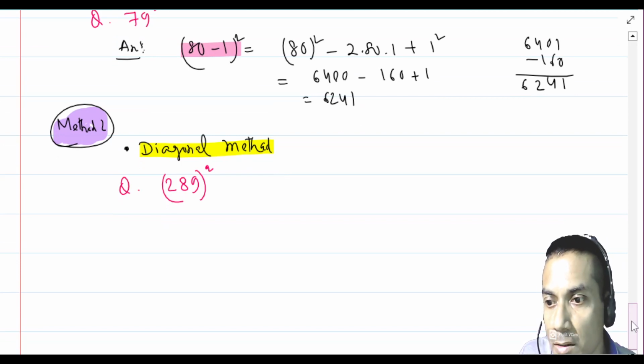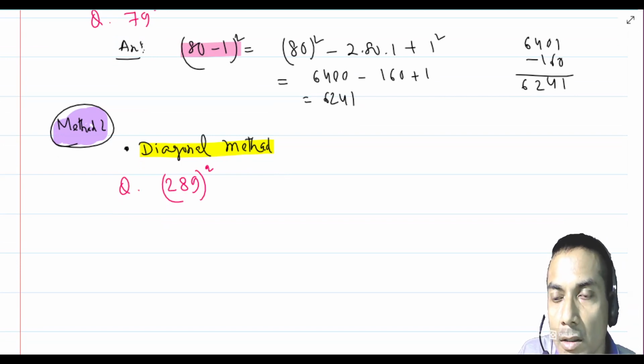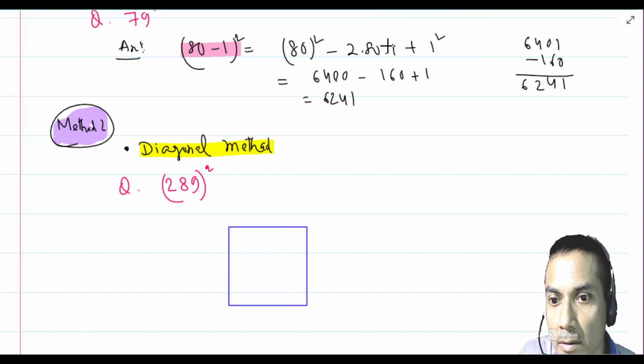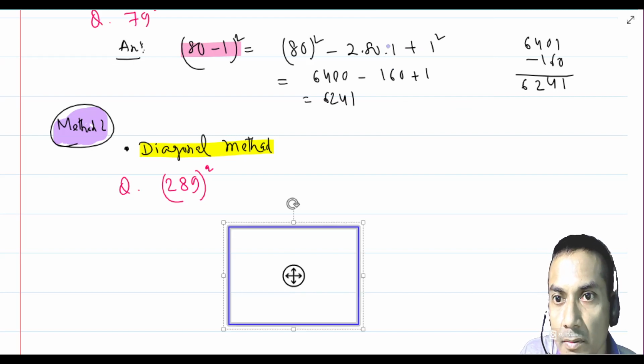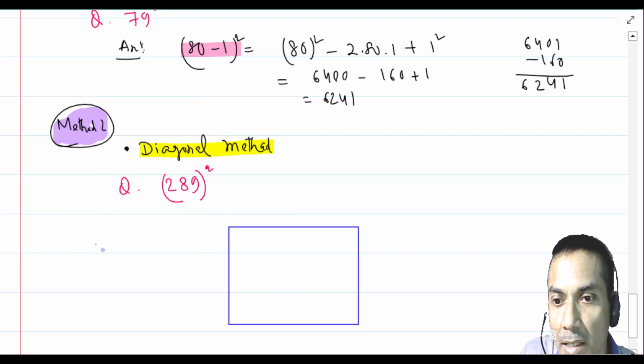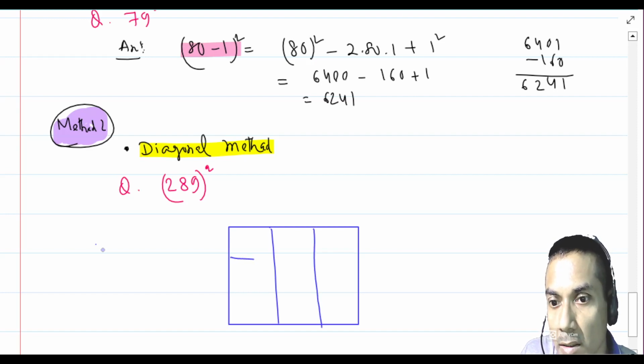So how can you do this? First of all, you just draw a square, a perfect square. Then you draw the lines. How many lines would there be? 3 for the 3 digits, total 3 columns: 1, 2, 3, and here also 1, 2, 3.